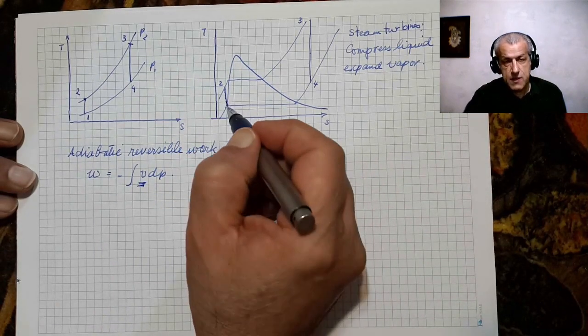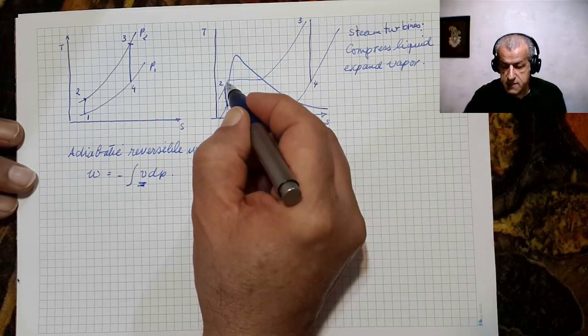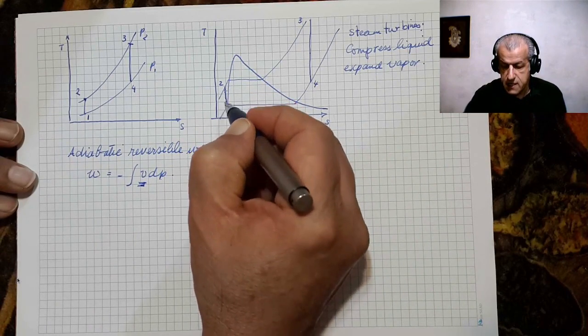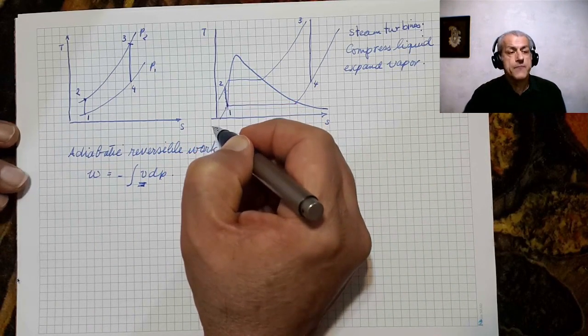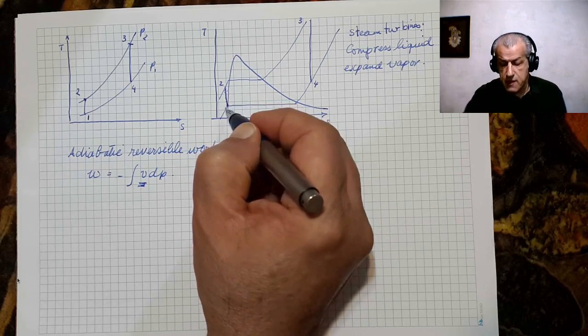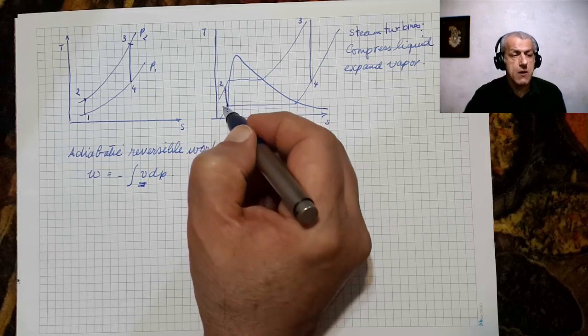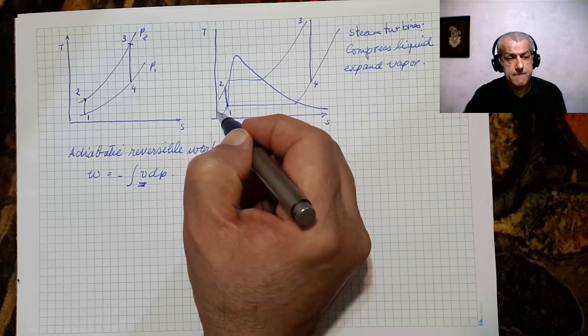I haven't really drawn this curve well because these lines are almost sticking to the saturated liquid line, and they are very close, and this line is very, very small in reality.